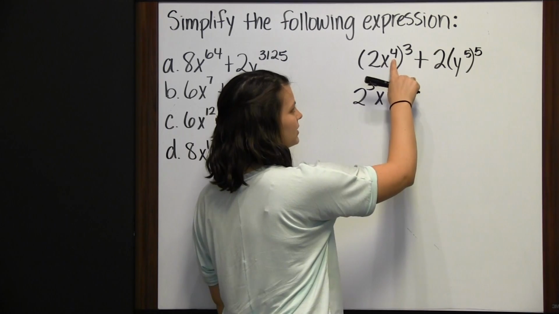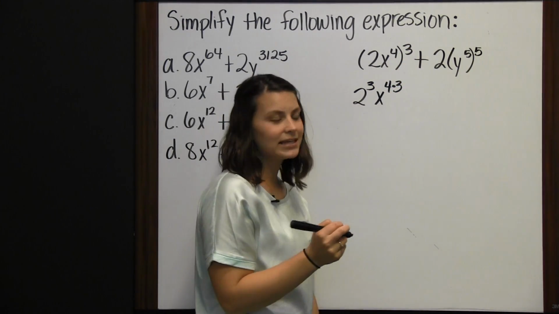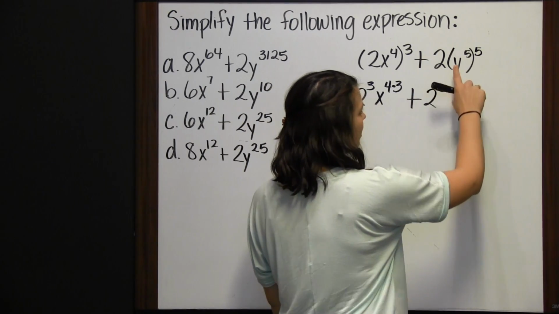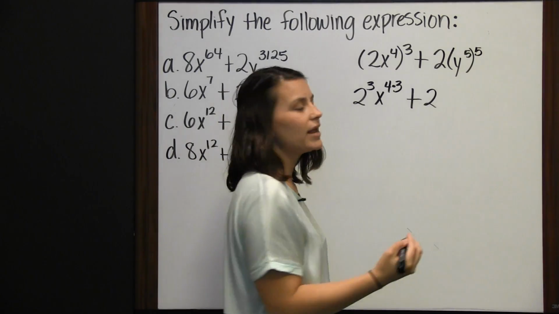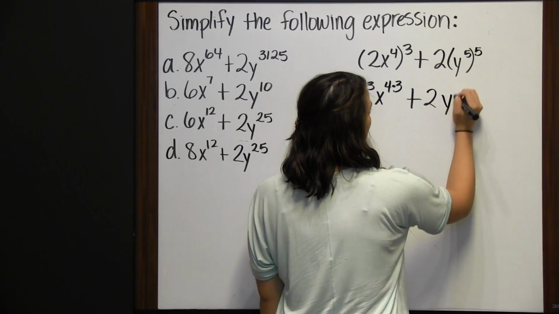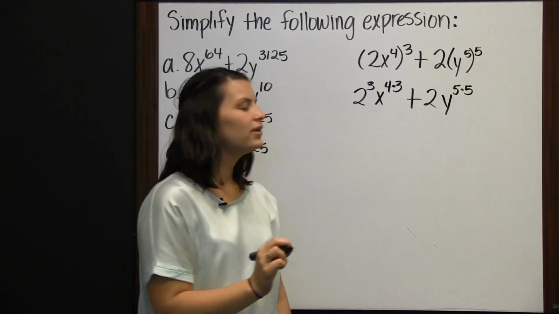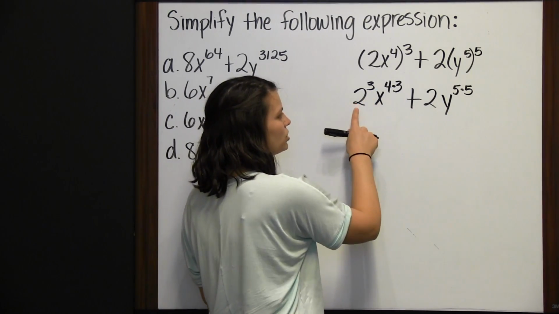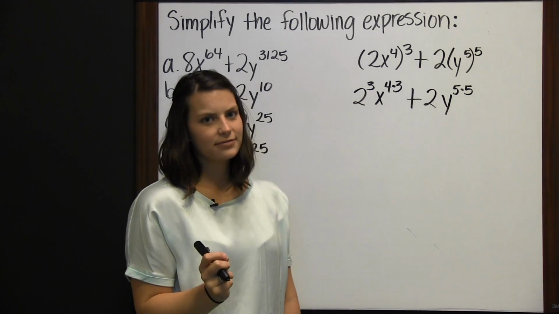When we raise an exponent to an exponent, we multiply those exponents together. Plus 2, and then again we have y to the 5th raised to the 5th. So another exponent raised to an exponent, and when you have an exponent raised to an exponent, those must be multiplied together. So y to the 5 times 5. And now we can simplify this. 2 cubed means 2 times itself 3 times, not 2 times 3.